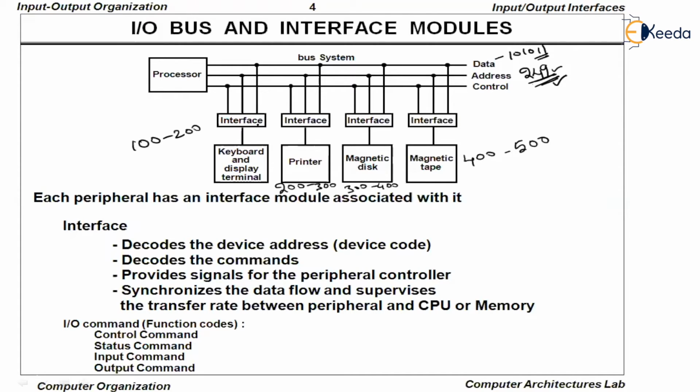That is, whenever all these interfaces try to decode this address, it will match only one address set. In this case, this address matches the printer's address set. So immediately, this interface is going to activate the data lines, from the interface to the printer. So this is how the interface responds to a signal which is sent by a processor.